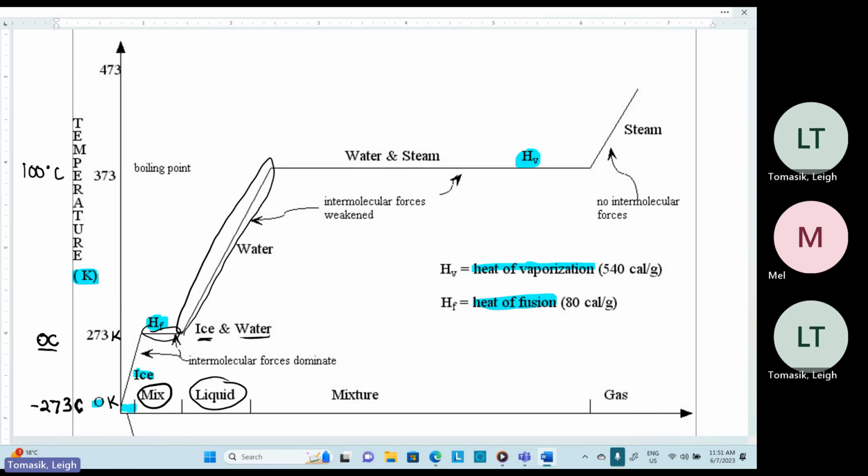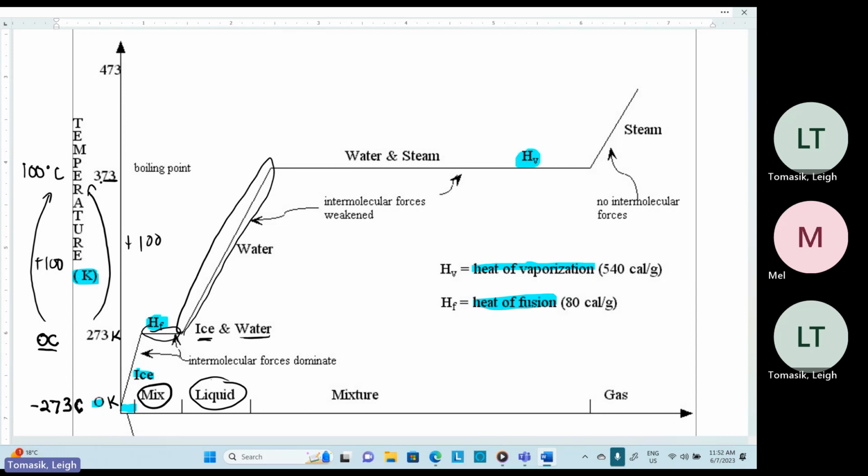So the amount that we add to go from here to here is the same. To go from 0 Celsius to 100 Celsius, we add 100. And to go from 273 Kelvin, we would add 100 and we would get to 373 degrees Kelvin. So the amount of increase for Celsius and Kelvin are the same. It's just where 0 is.